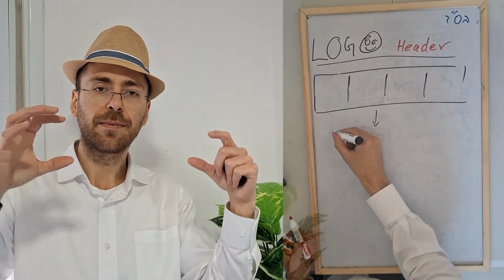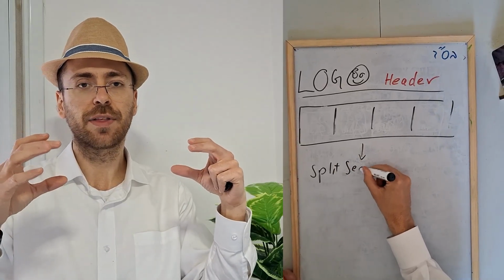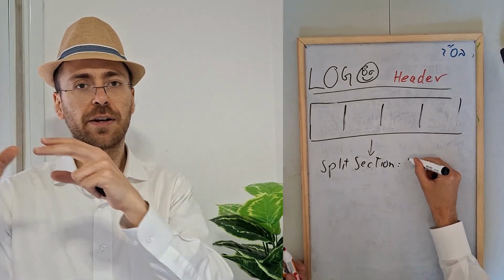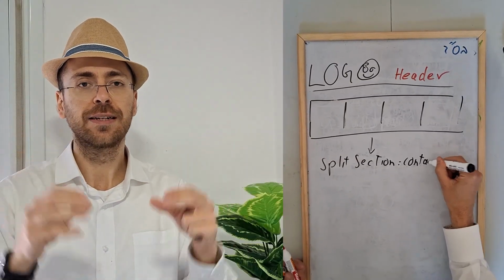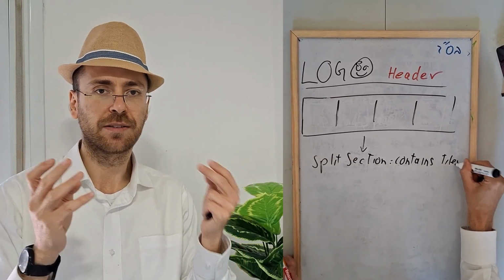So instead of using an image tile directly or an image with text tile, okay, what you want to use is a split section. As I mentioned earlier, the split section is basically a formatting tile that allows you to choose what layout you want different tiles within that split section to have. So for example, you could have a 50-50 split between a tile on the right and a tile on the left.